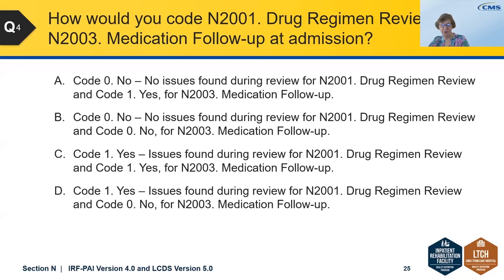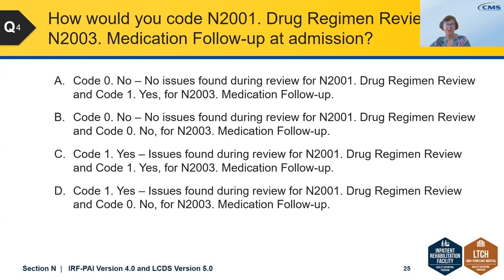C, you would code 1, yes, issues were found during the review for N2001, and you would code 1, yes, for N2003 medication follow-up. And finally, D, code 1, yes, issues were found during the drug regimen review for N2001, and you would code 0, no, for N2003 medication follow-up.